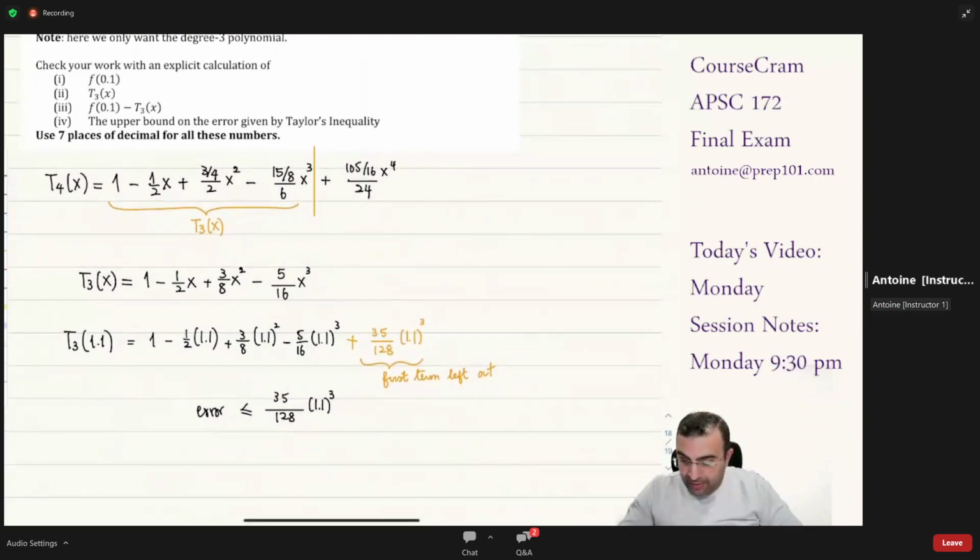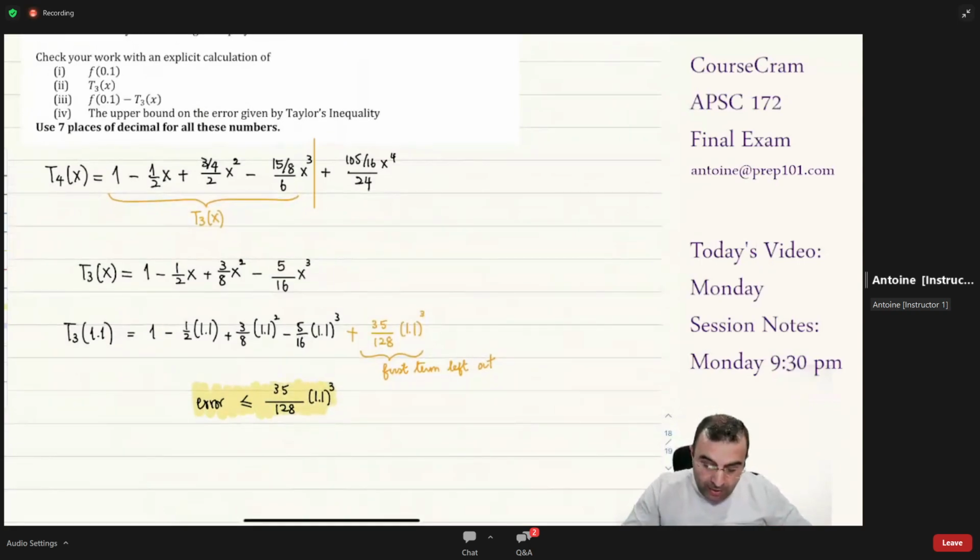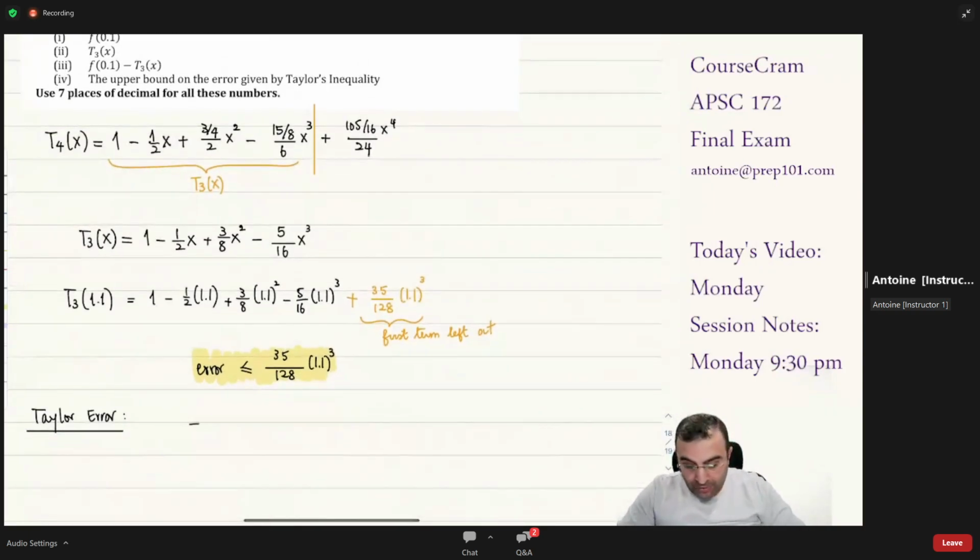Now, the answer is this. Now, let's say you want to use the Taylor bound error. So that would be E3, which is the maximum value of f to the order 4 at x, divided by 4 factorial d to the power 4.